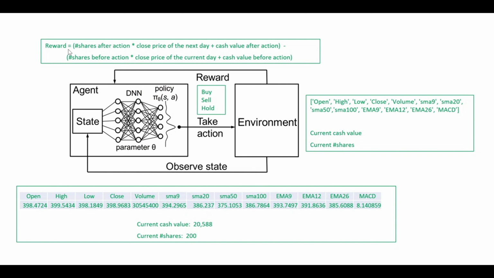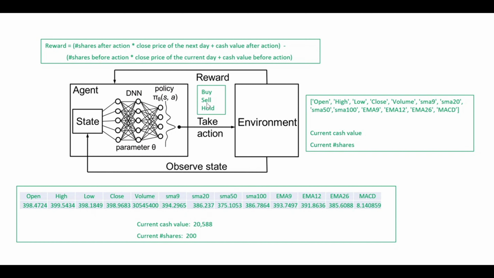So that is our reward we give to the agent. Again, this reward could be positive or negative, right? So in other words, your account value may increase due to your action or maybe decrease due to your action. Then once we have a new state, the agent observes it, then according to its policy, it will take action.